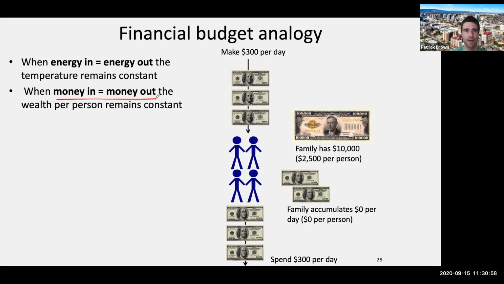A balanced energy budget would be the same thing: energy in equals energy out. Under a balanced budget, it doesn't mean you don't have any wealth, and it doesn't mean you don't have any temperature, but it means that your temperature is not changing. It's not accumulating or losing anything per day. So your change is 0.